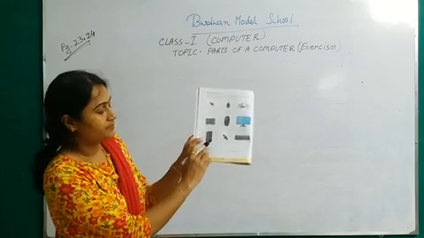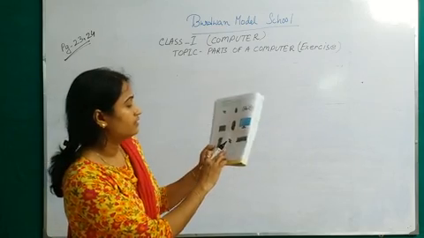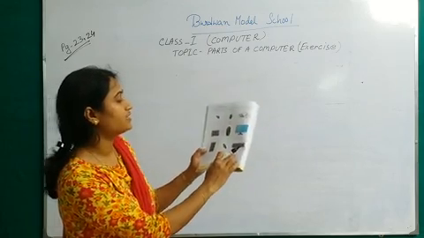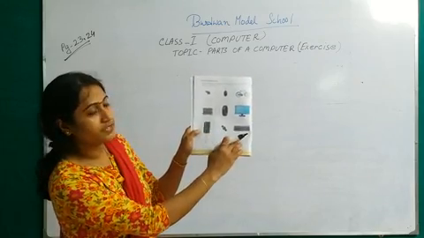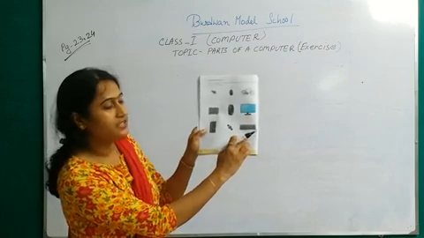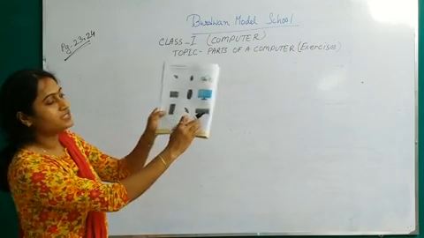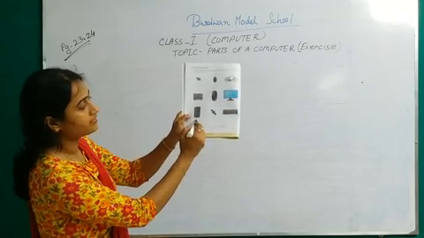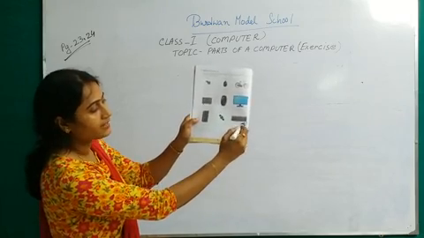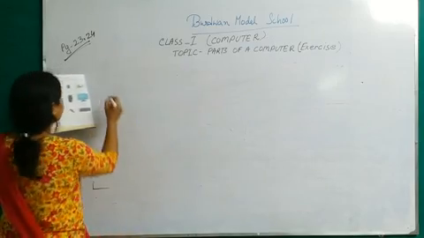Next, CPU. This is the wristwatch and this is keyboard. Now these two are the part of the computer, CPU and keyboard. Write the name of this. Tick over here. First tick mouse, next tick monitor and third number tick CPU and keyboard, and write the name of this part.